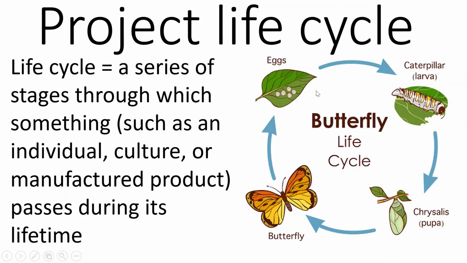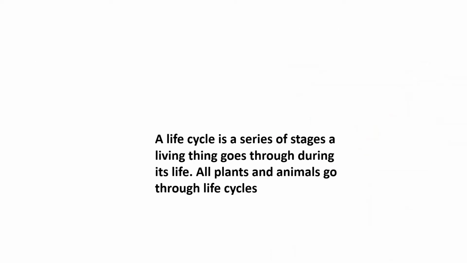The butterfly life cycle starts with the eggs, probably laid on a leaf, then a caterpillar or larva is developed, that is the second stage, and then a chrysalis or pupa is developed and into a butterfly, which will definitely die. So that's a life cycle. I repeat, a life cycle is a series of stages a living thing goes through during its life. All plants and animals go through life cycles.